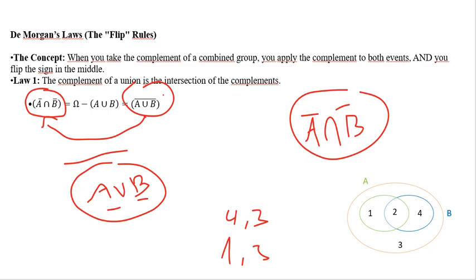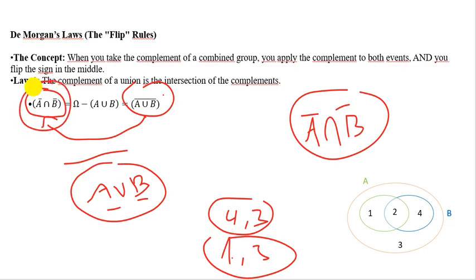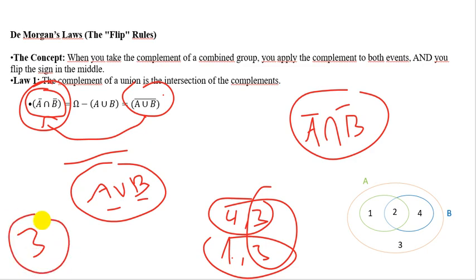Because B is 2 and 4, B bar is what we don't have in B, so B bar is 1 and 3. A bar is 4 and 3. The intersection is 3, which is exactly the complement of A union B, because A union B is this and its complement is 3. Now let's see the second law.